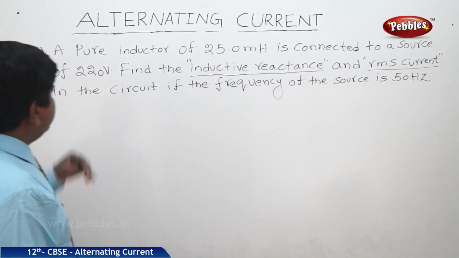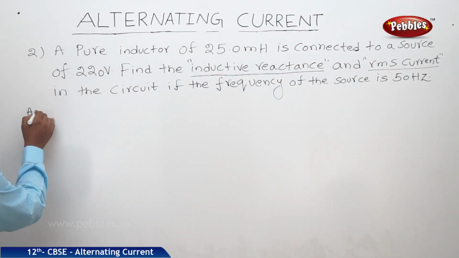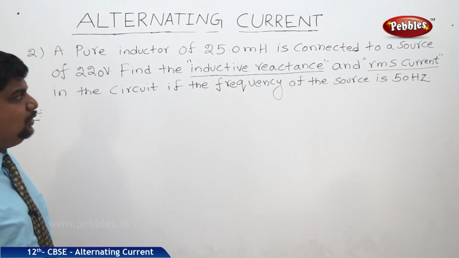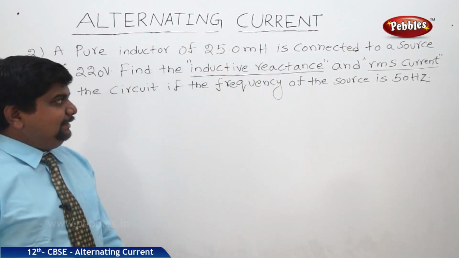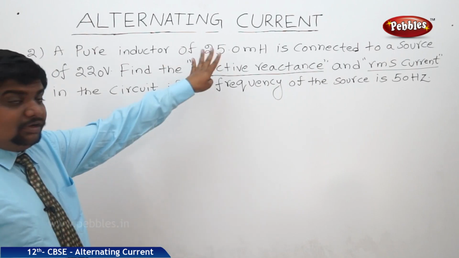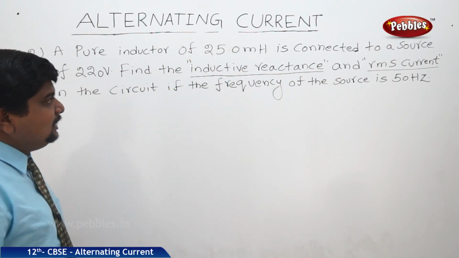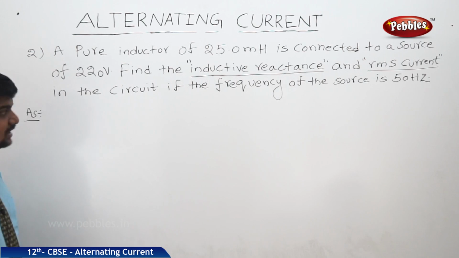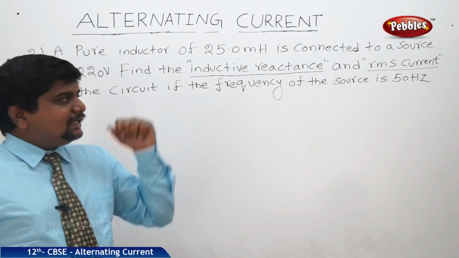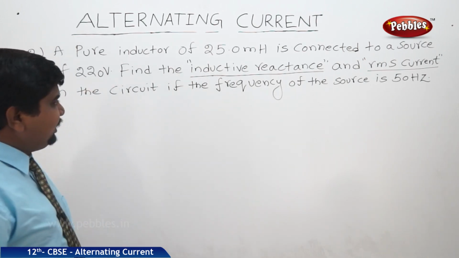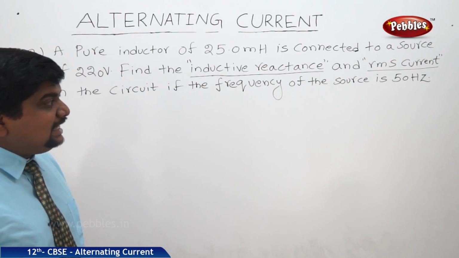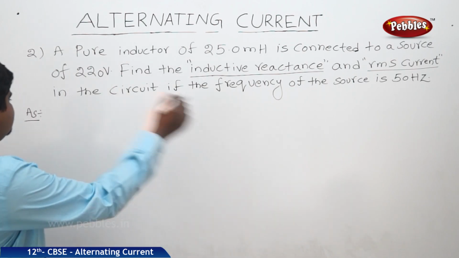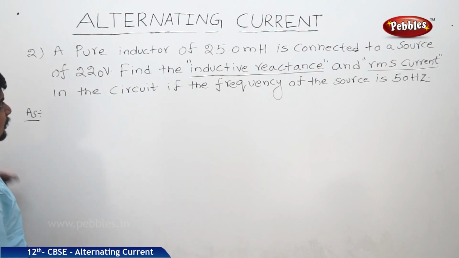Now we will see one problem which is related to inductors. A pure inductor of 25 millihenry, the SI unit of inductance is Henry, is connected to a source of 220 volts. Find the inductive reactance and RMS current in the circuit if the frequency of the source is 50 Hz. The answer is like this. First write down the physical quantities present in the problem.